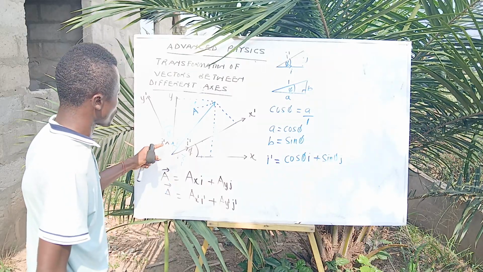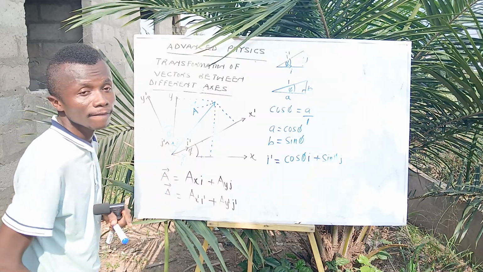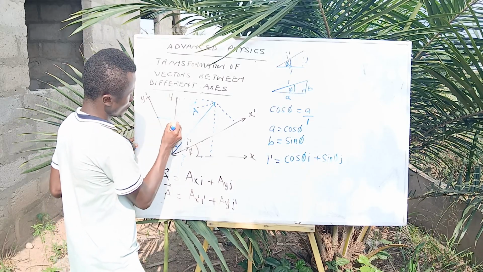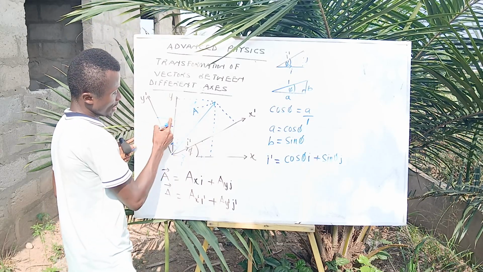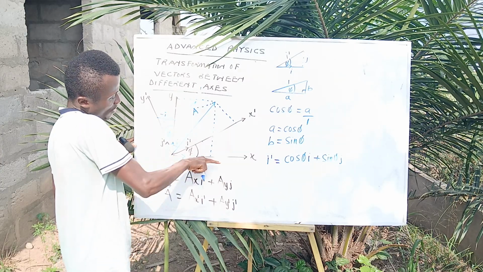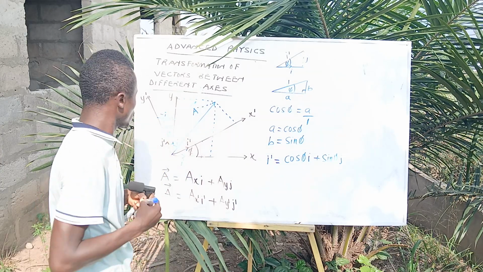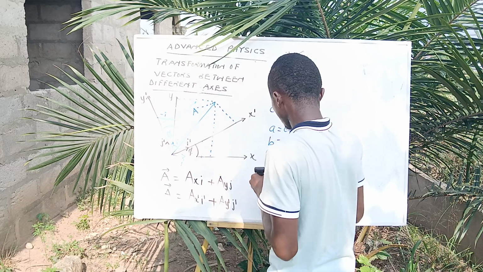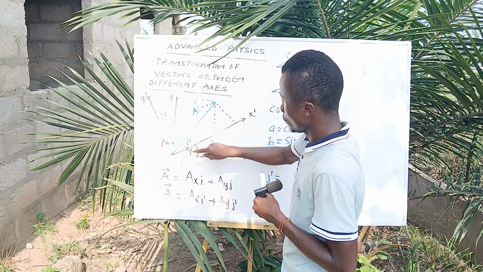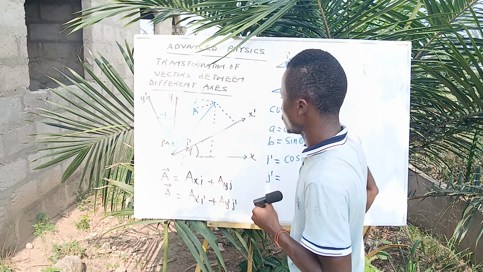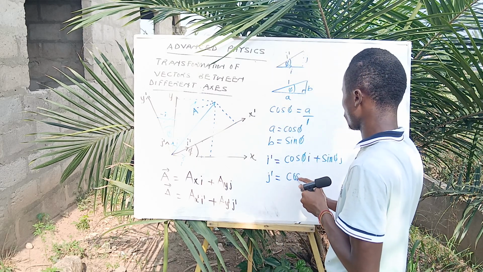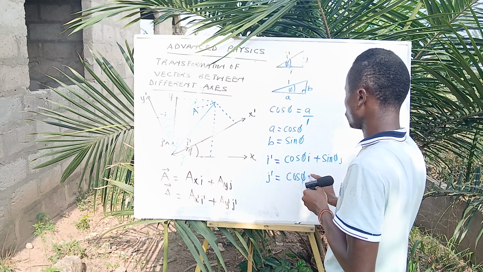So let's express j prime in terms of I and j. So this is j, and this is negative I over here. If this is positive I, this will be negative I. So j prime is equal to, for this component, you have cos phi in which direction?